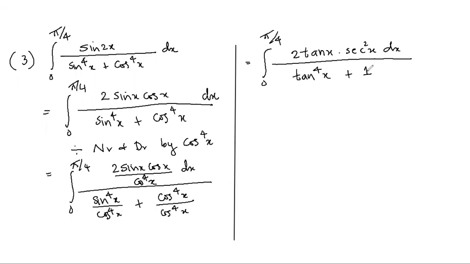Now tell me whose derivative is the numerator. Of course, tan x's derivative is sec square x, but observe it a little more properly. Whose derivative is the whole numerator? 2 tan x into sec square x is the derivative of tan square x.